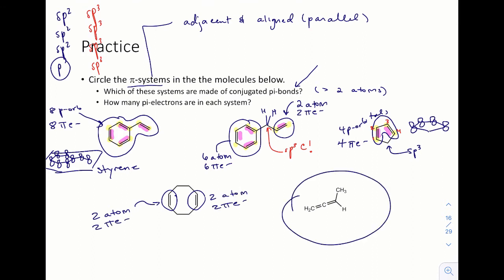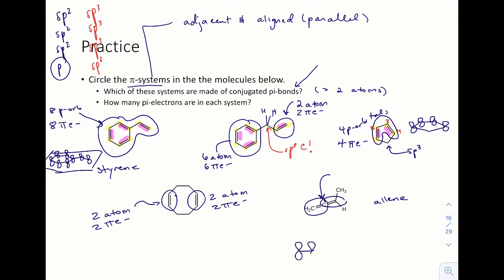And finally, this last example contains what's called an allene functional group. An allene consists of 1 carbon atom making 2 separate pi bonding interactions. So there is this pi system and there is this pi system. These 2 pi interactions are perpendicular to one another, right? How would that central carbon atom make 2 pi bonds that are parallel? It can't.